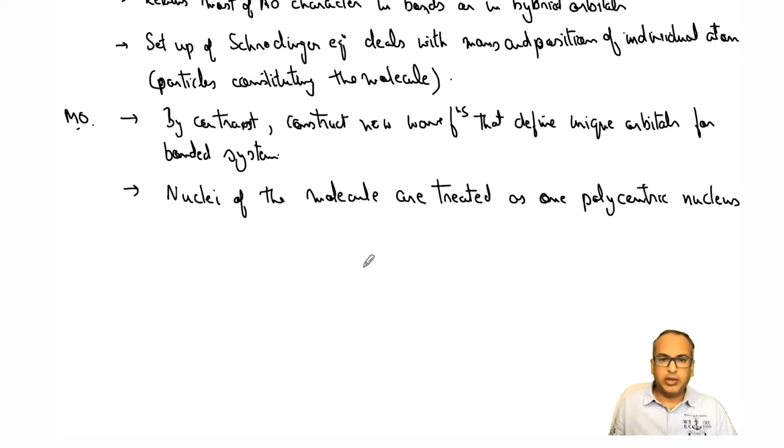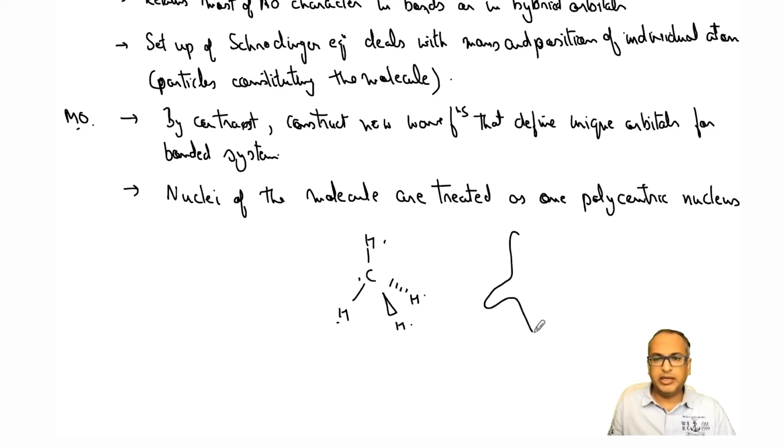As if, let's say if I have CH4 here, and then I have a nucleus here, nucleus here, nucleus here, nucleus here, nucleus here. So instead of this, I'll be considering it as a nucleus, something like this, which will have centers like this. Okay, so this is how the nuclei are treated as one polycentric nucleus. So this is one nucleus, but which has many different charge centers.